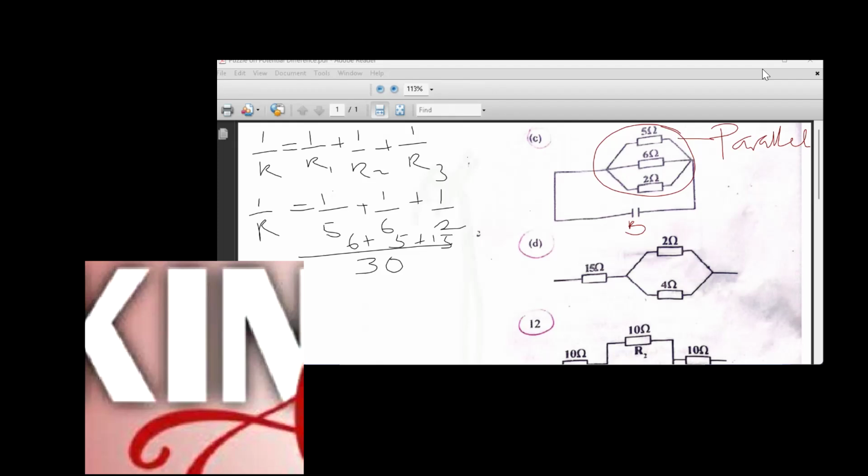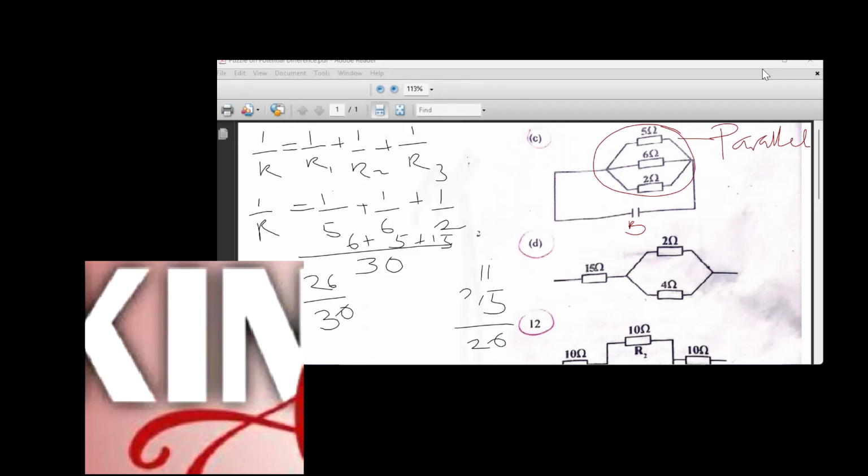So let's sum up our numerator. 6 plus 5 is 11. 11 plus 15 is 26. We have 26. So we have 1 over R equal to 26 over 30.